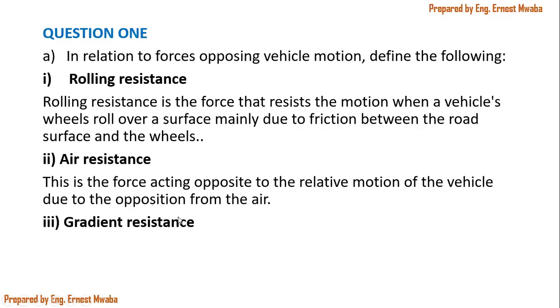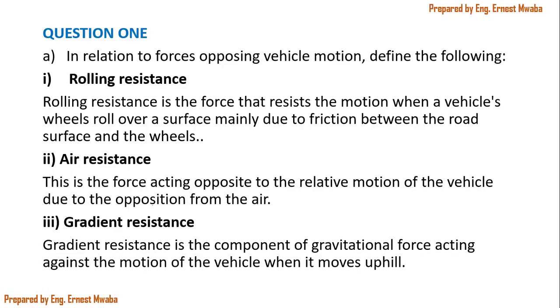Then we also have gradient resistance, which is, as the name suggests, the resistance due to that gravitation force coming because of the gradient. So when a vehicle is going uphill, this resistance is going to oppose the motion of your vehicle. If you're going downhill, it's opposite.